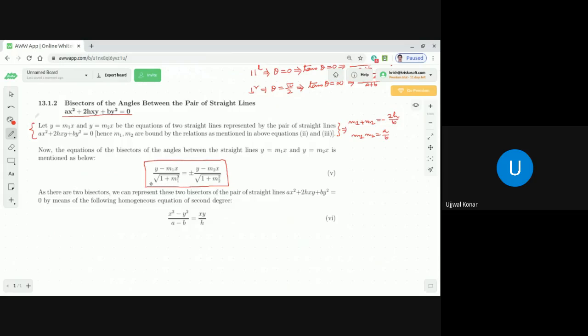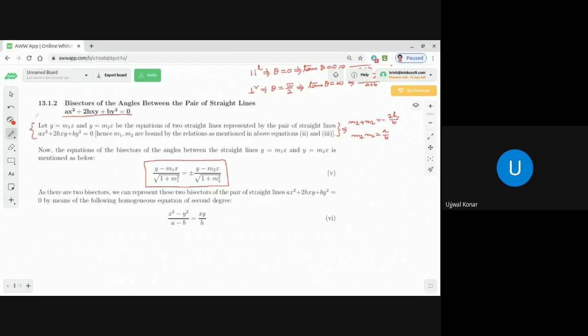Let me repeat the statement once more. The equation of the bisectors of the angle between the straight lines y equal to m1x and y equal to m2x is (y minus m1x) by square root of 1 plus m1 square is equal to plus minus (y minus m2x) by square root of 1 plus m2 square.